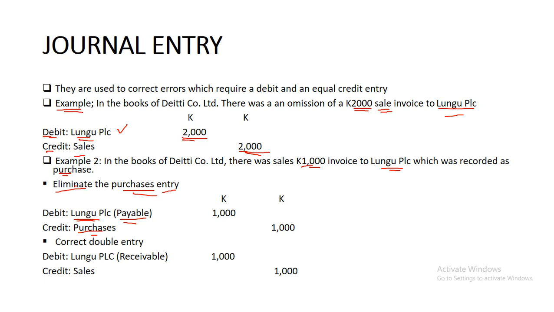All right. So after we eliminate the purchase, now we need to record the actual sale, how it was supposed to be. So what do we do? We debit the Lungu PLC account, which is the customer account, and then we credit the sales account. This way we would have corrected the error.